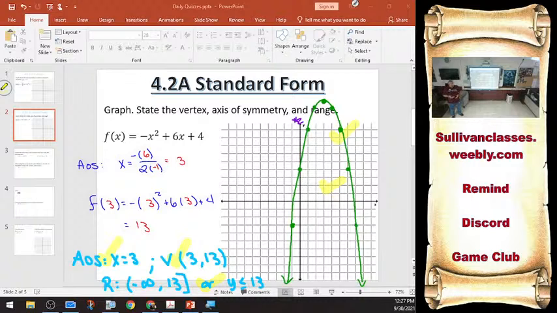Now, y'all know how this works. If all the way back here you just plain forgot to put that negative there, ruh-roh. Now you got a -3 here. Now you got a -9, minus 18, plus 4. Now you're way down there at -23. It changes things. But would you still have a negative parabola starting at (3, -23)? Would you still have your range going from -infinity to -23?